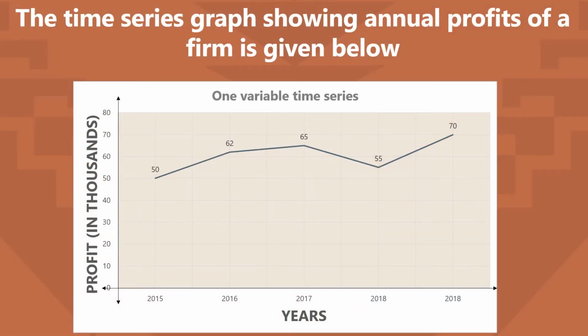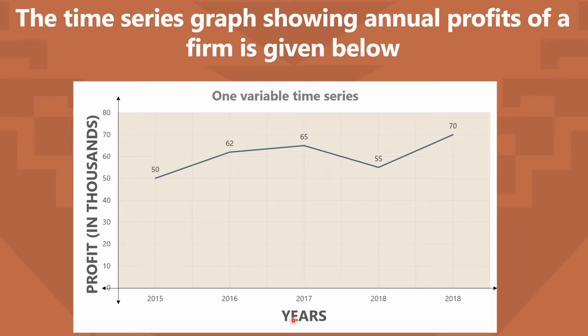The same table that you saw earlier is now plotted with a time series graph. So here you have the profit in thousands, which is 50 here. On the y-axis you take the dependent variable and on the x-axis we plot the independent variable. Why?